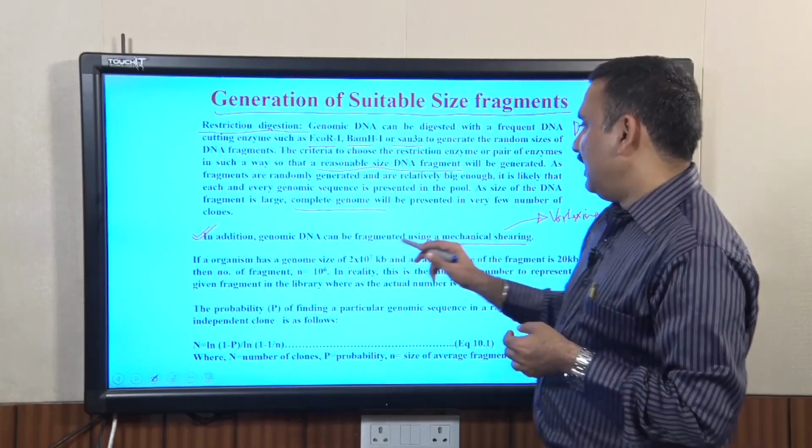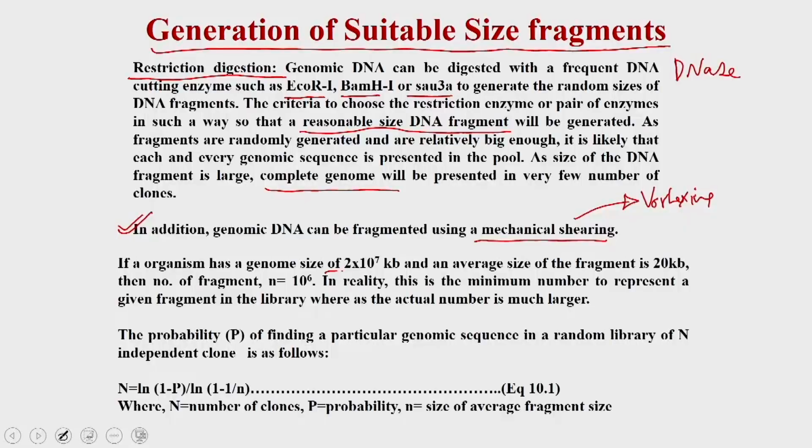For example, if you are working with an organism which has a genome size of 2 into 10 to the power 7 kb, and the average size of the fragment you are putting in is 20 kb, the number of fragments you are going to generate is 10 to the power 6. In reality this is a minimum number to represent the given fragment in the library, whereas the actual number is going to be much larger.